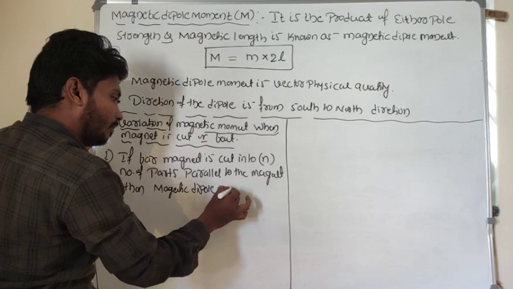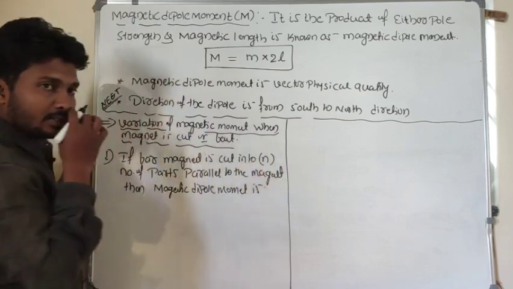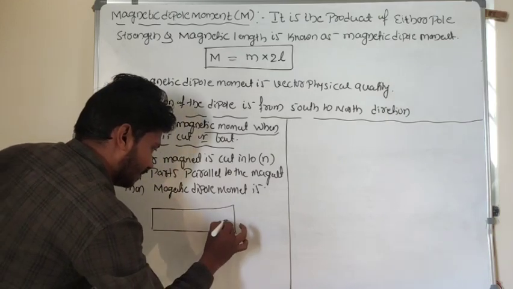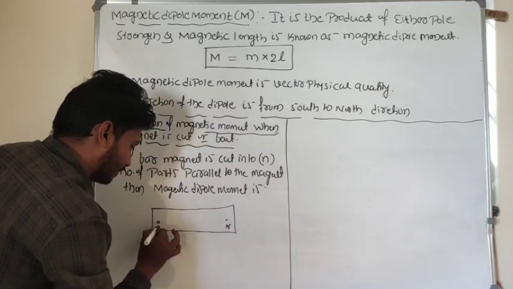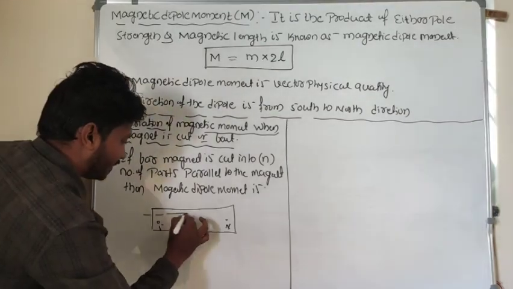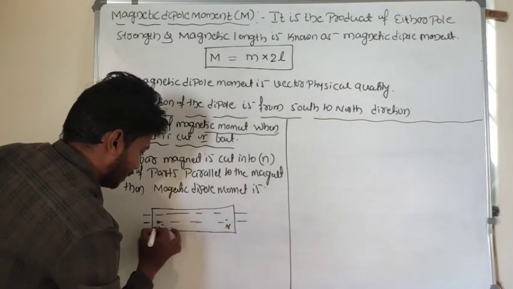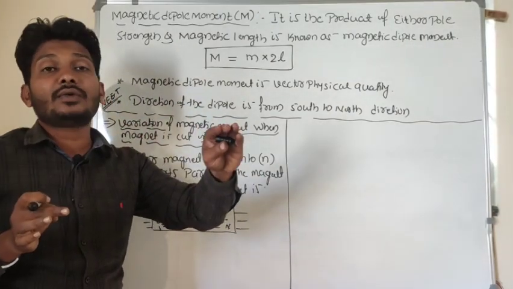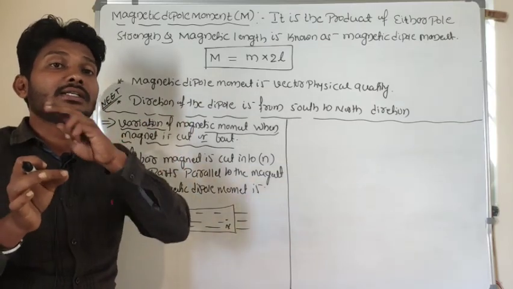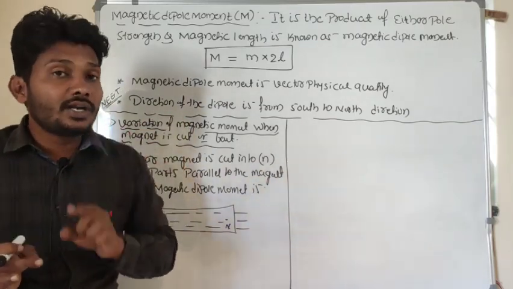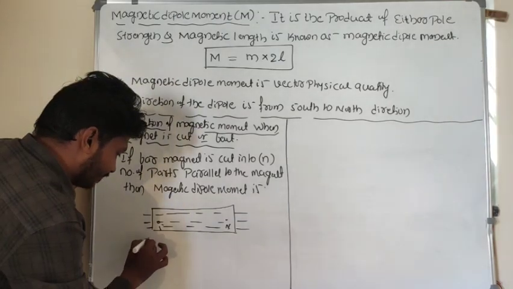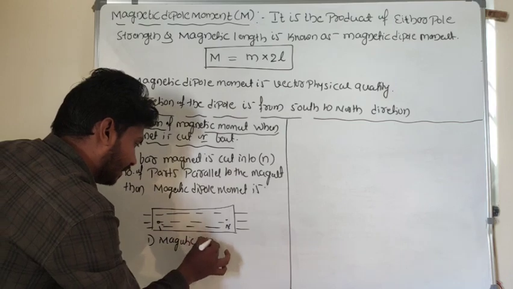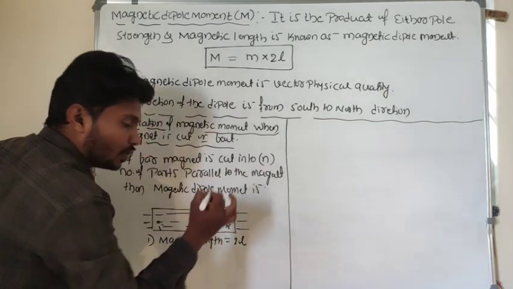First we can consider that bar magnet here. This is the bar magnet. It consists of north pole as well as south pole. If that magnet is cut into n equal parts parallel to the object, which quantities remain the same? Magnetic length remains the same. So magnetic length will be 2l only.